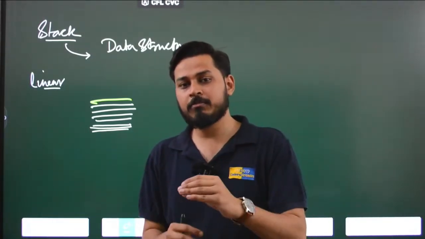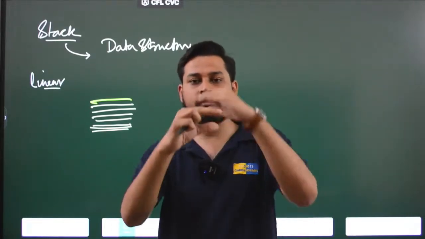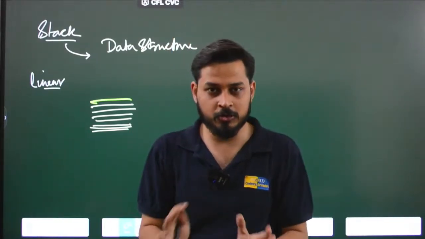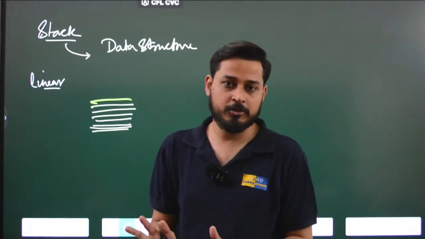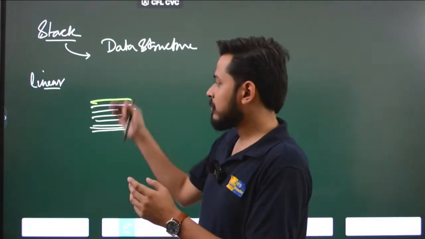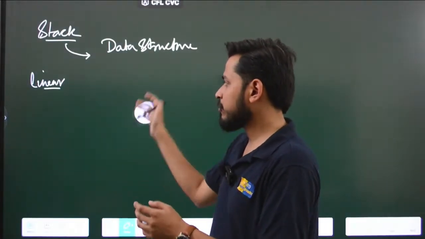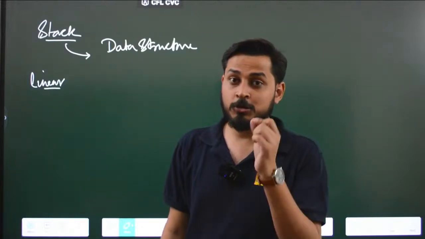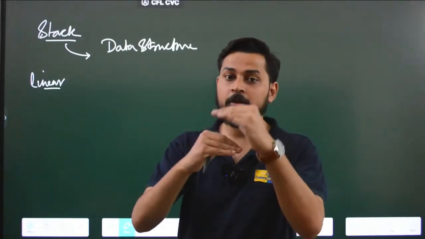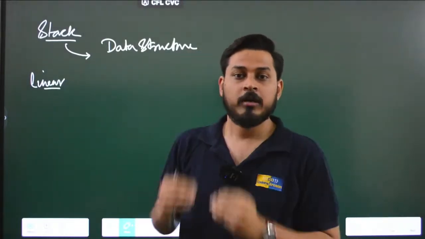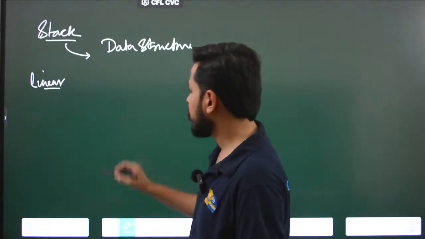When we put some items over each other like this, that type of arrangement is called a stack. So the stack data structure works on the same principle, where we stack up the data one upon another like that. That is called a stack.